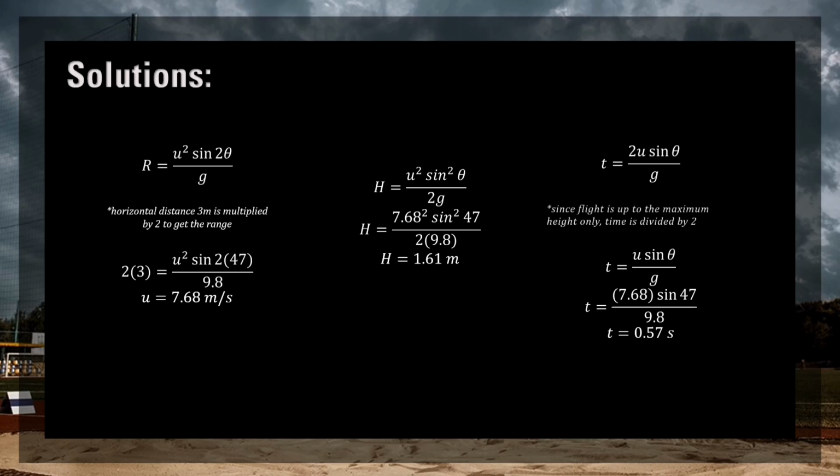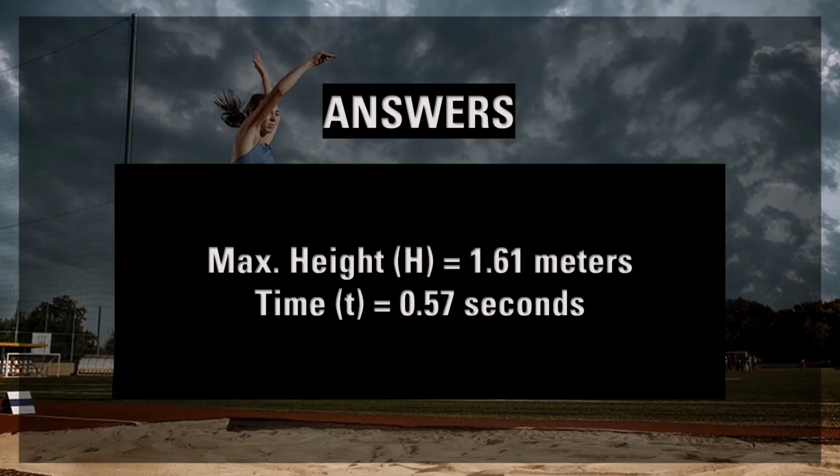So the new formula would be time is equal to velocity sine theta over g. Time is equal to 7.68 sine 47 over 9.8. The time would be 0.57 seconds. So the answers are: maximum height h is equal to 1.61 meters, and the time t is equal to 0.57 seconds.